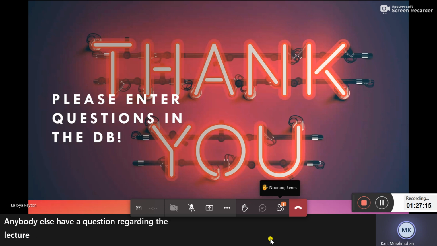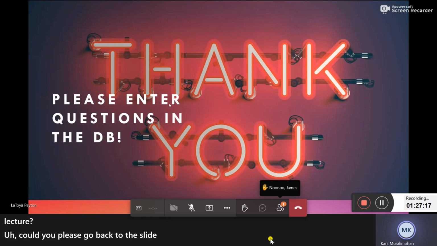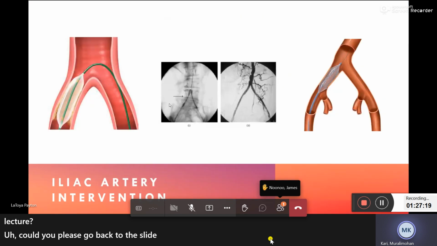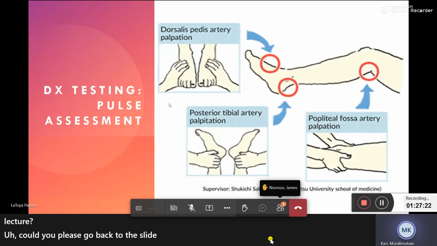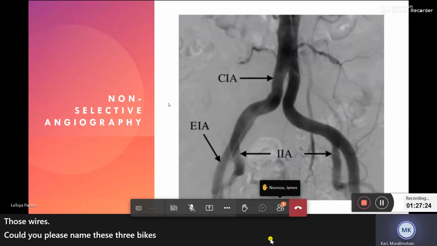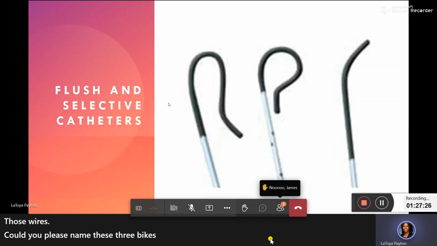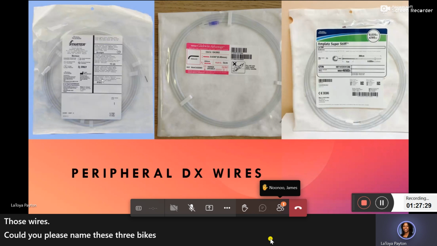Could you please go back to slide 16, those wires? Could you please name these 3 wires? Well, the names are on the wires. It's on the packaging. Okay, the Benson, Glide Wire Advantage, and the Amplatz Super Stiff. Thank you. You're welcome. Any other questions pertaining to this stuff?